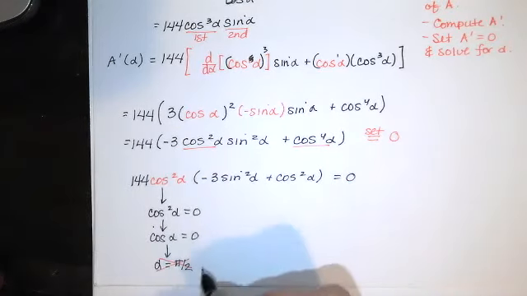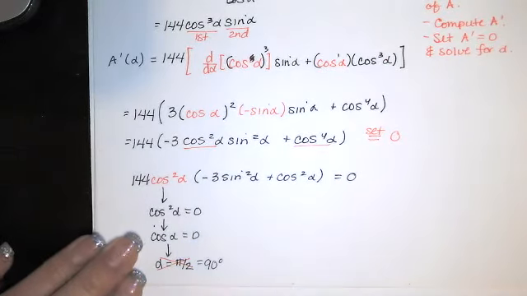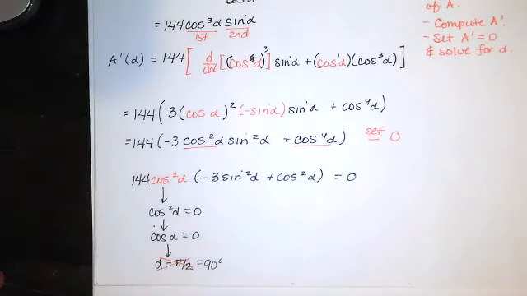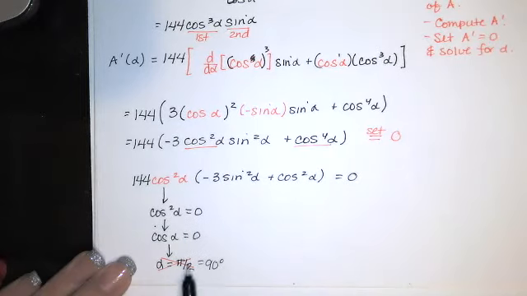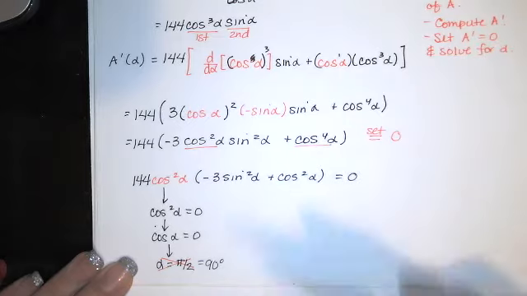But we do see that we've got some restriction on alpha. Alpha has to be between 0 and 90 degrees for this to even be close to making sense. It can't equal 90, but it could be less than 90. So that factor being 0 doesn't make sense for our problem, or we could have this factor equals 0.